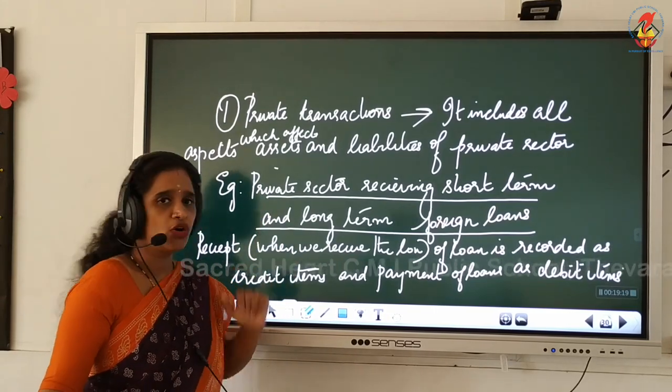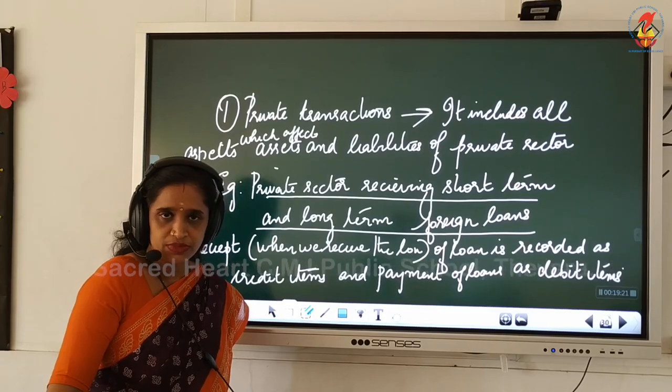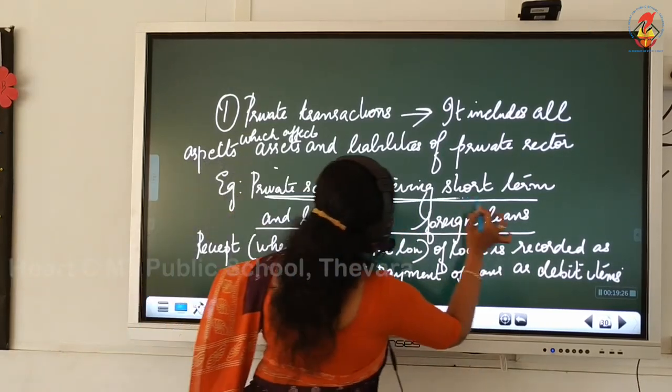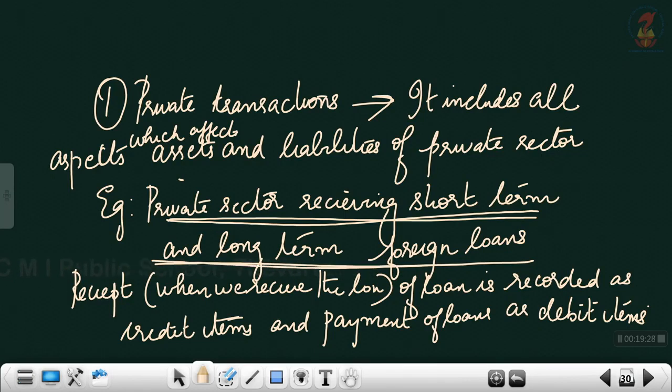Therefore, they may take loans from outside. When they receive the loans, it will be a receipt and that will be recorded as credit items.